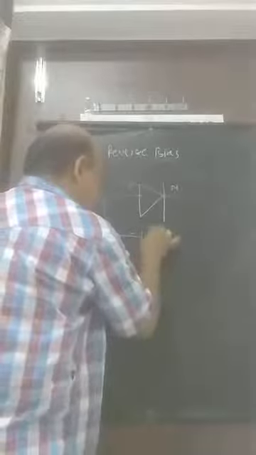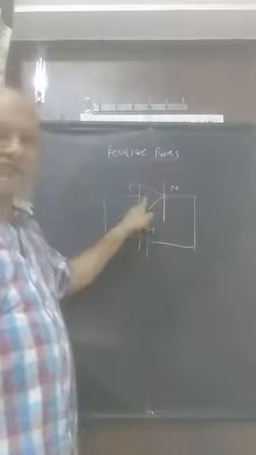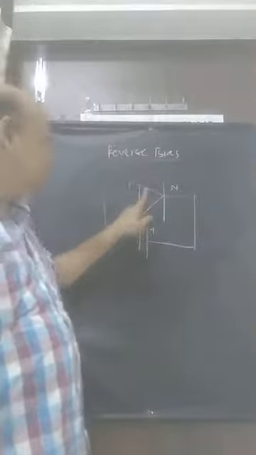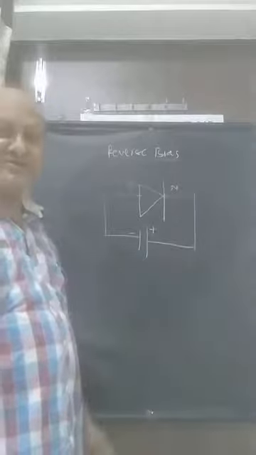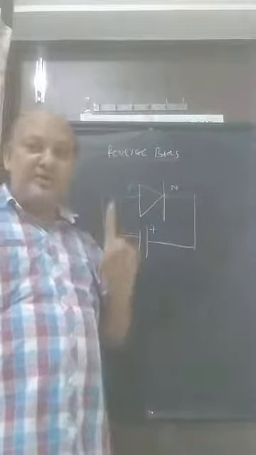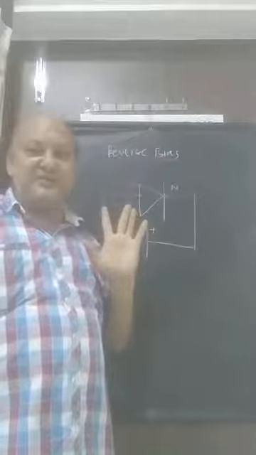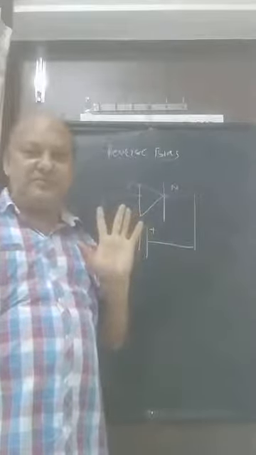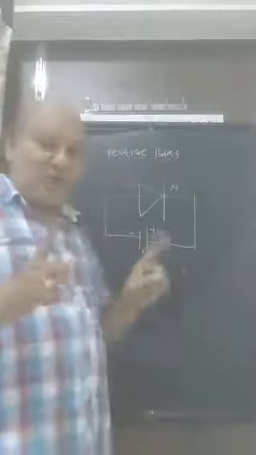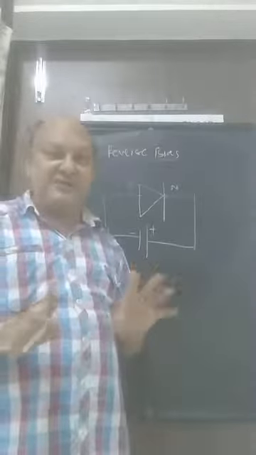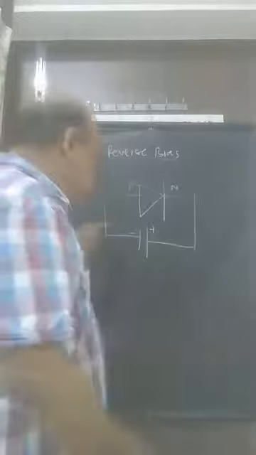The P type is connected to the negative and the N type is connected to the positive. This is called reverse bias, isn't it? So what will happen in case of the reverse bias? I am saying that the diode provides only unidirectional flow of current, and that is only in the forward bias. In reverse bias no current flows. Let us see.